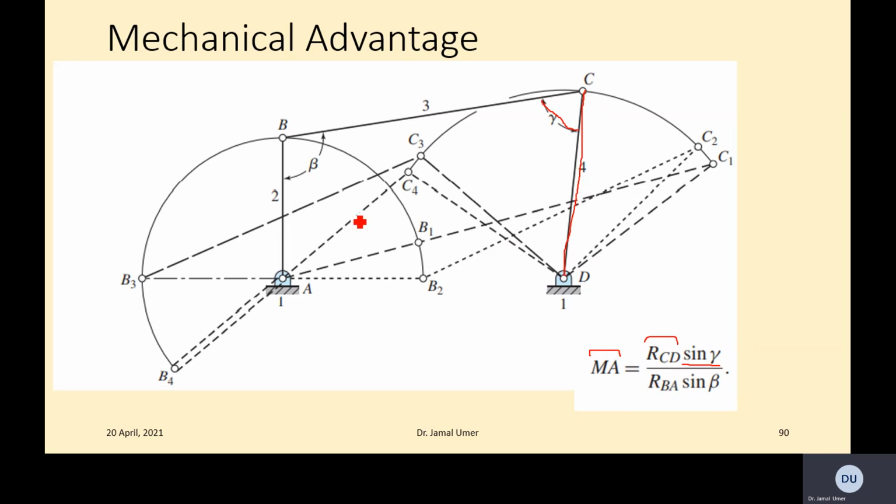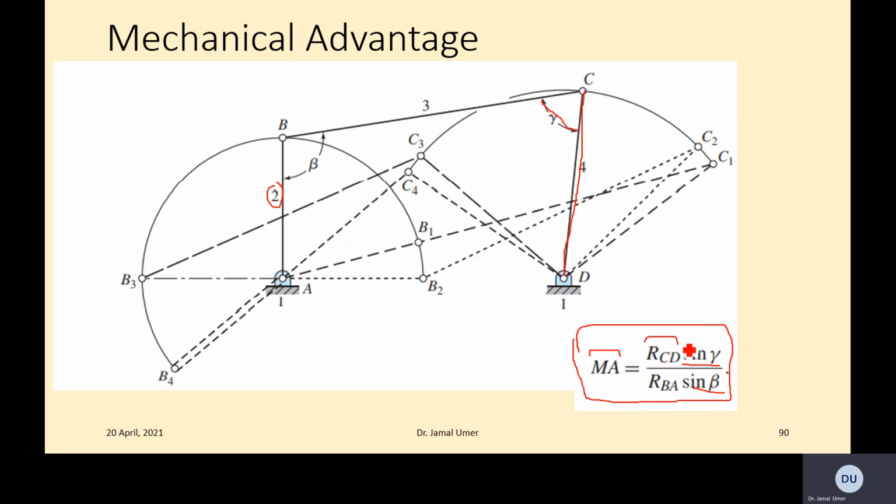In the bottom we have RBA, which is this length, times the sine of beta. We will certainly discuss this mechanical advantage in detail in coming lectures, but this is for the 4-bar linkage, a very simple formulation.